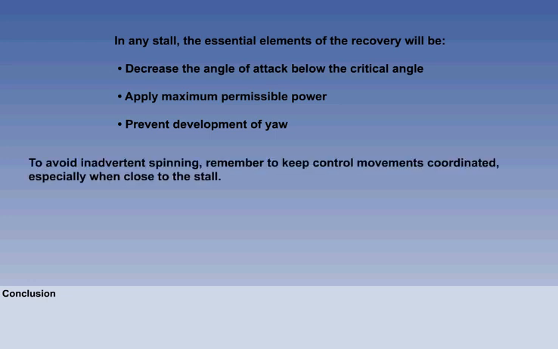At any stage of flight, it is important to fly in balance, but when close to the stall, it is essential to keep control movements coordinated to avoid an inadvertent spin. Remember, keep the ball in the middle.